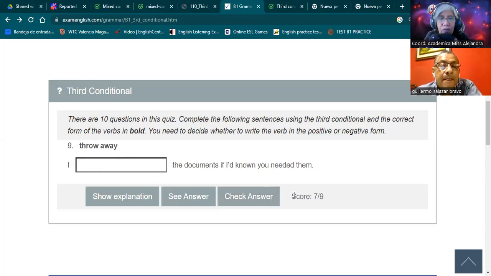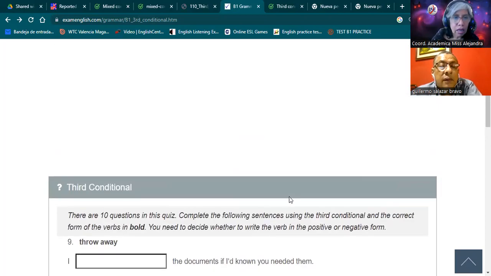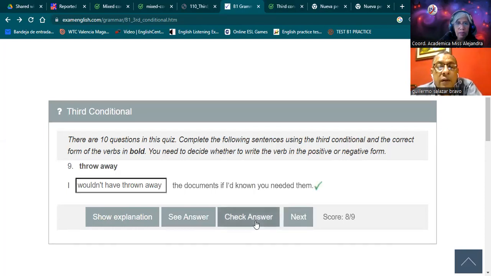I wouldn't have thrown away the documents if I had known you needed them.